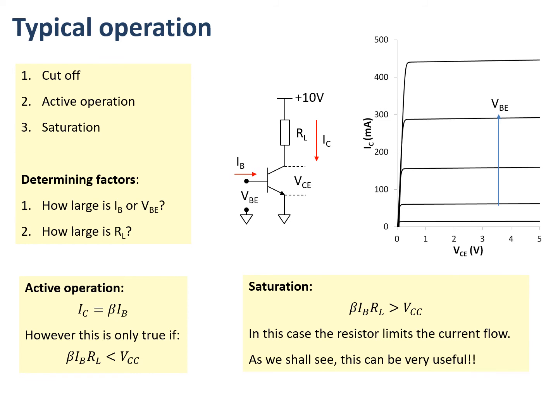So in the active operation, as I've put down on the left-hand side, my collector current is the gain times the base current. That's the fundamental relationship of the bipolar transistor. But in fact, that can only be true for certain values of RL. If RL is the wrong value, then there's no longer enough current flowing to make that happen. So I have to also think about the RL values as well.